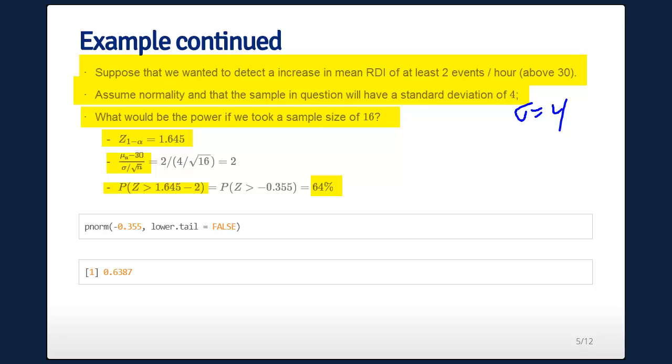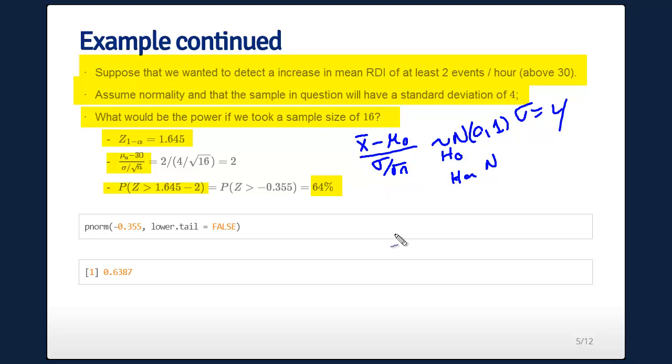But another way to do this calculation: our test statistic is x bar minus mu naught over sigma over square root n, and that's a normal 0, 1 under H naught. But what is it under HA? Well, it's still going to be normal, but we don't know what the mean and the variance are.